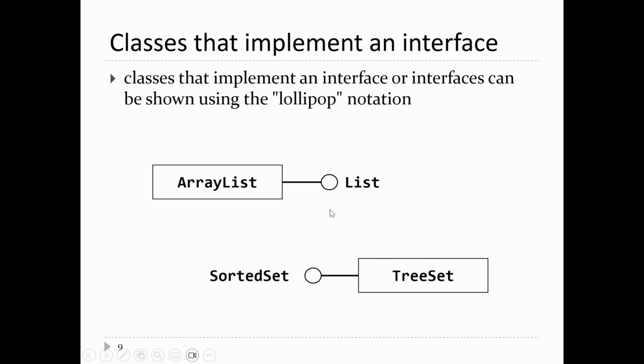If you want to show this information on the class diagram, you draw your class, and then you draw a solid line coming off the class somewhere. It doesn't matter where: left, right, top, bottom. Then a round circle, and then the name of the interface. And that simply says that ArrayList implements the List interface. We'll talk more about interfaces probably next week, or after reading week.